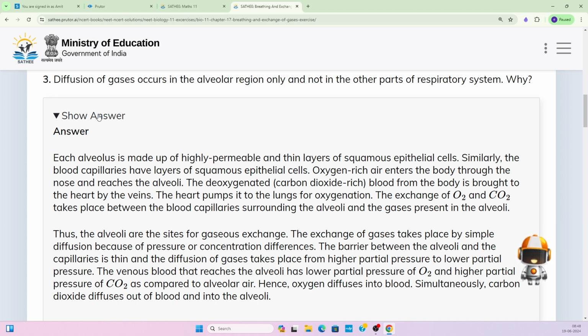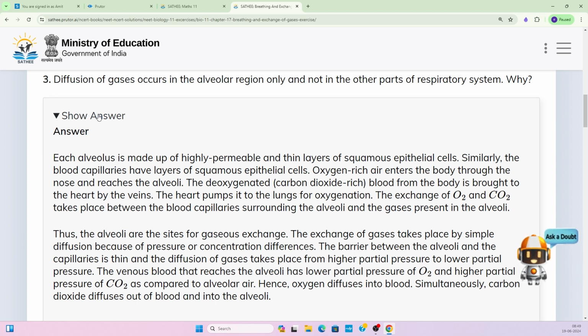And oxygen-rich air, the air which has a lot of oxygen, enters the body through the nose and reaches the alveoli region.